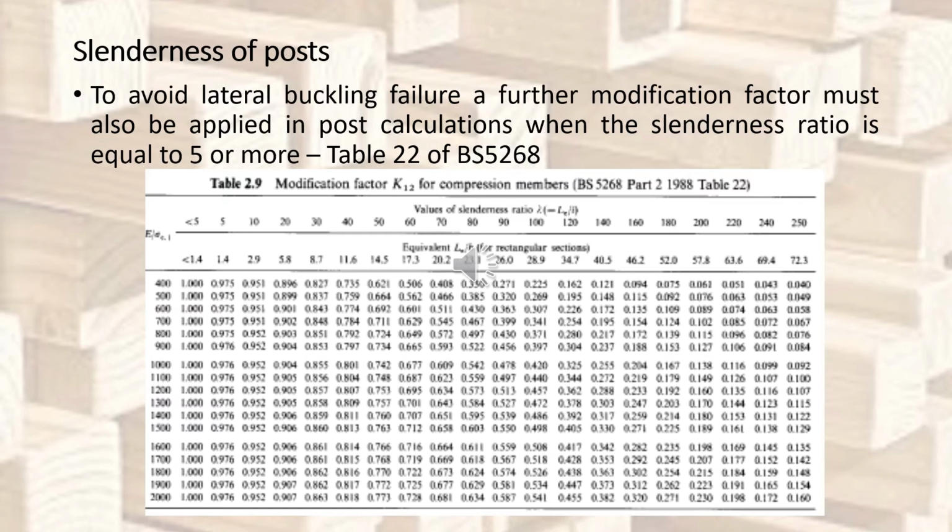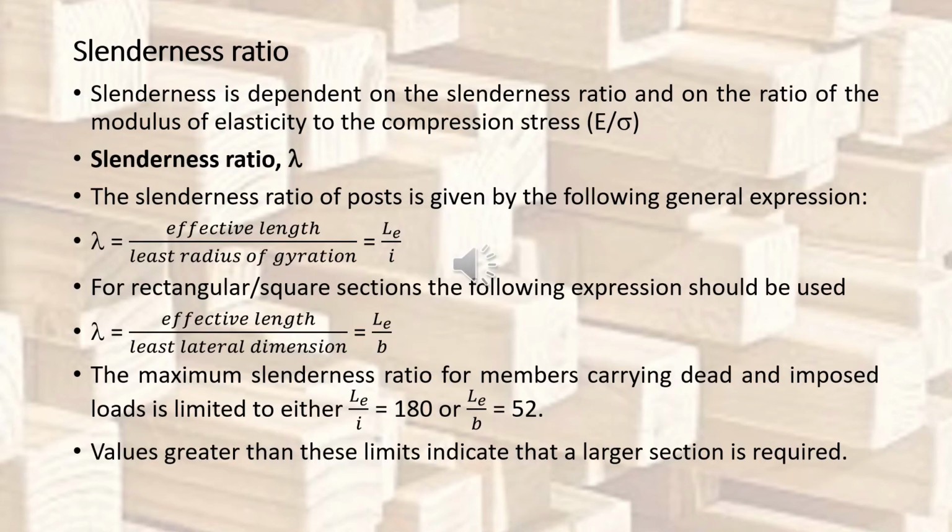If the slenderness ratio is greater or equal to 5, then you have to use table 22. It is dependent on the slenderness ratio and on the ratio of the modulus of elasticity to compression stress. As per table 22, these are the two parameters you need to be able to determine the modification factor.